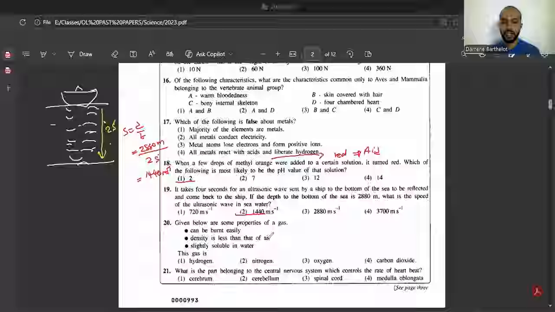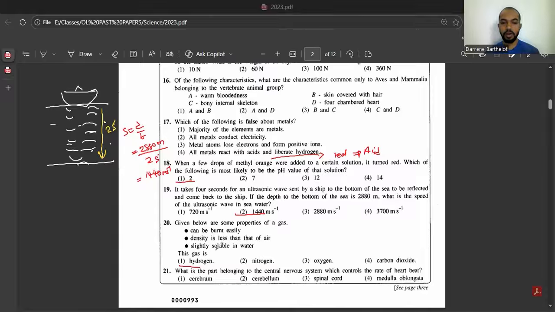So density is less than that of air. That's also correct. Hydrogen, helium are the gases which have less density than air. So that's the reason why hydrogen gas moves up, because it is less dense than air. Then slightly soluble in water. All the gases here are slightly soluble in water. So answer should be answer number 1, hydrogen.